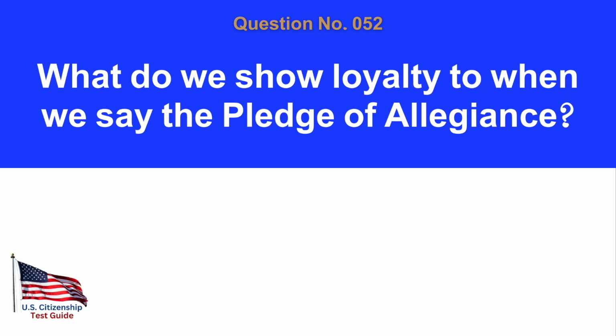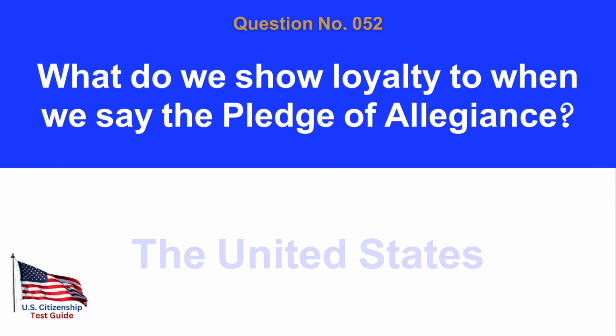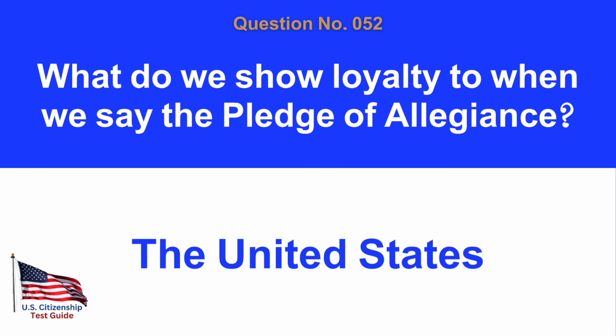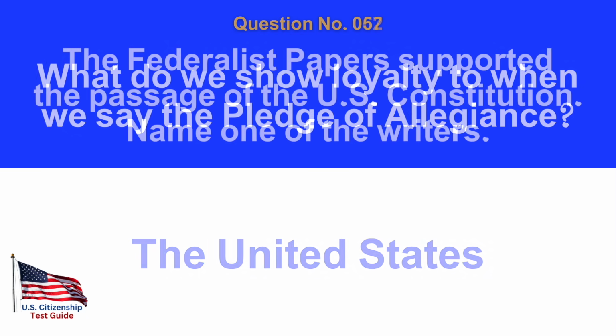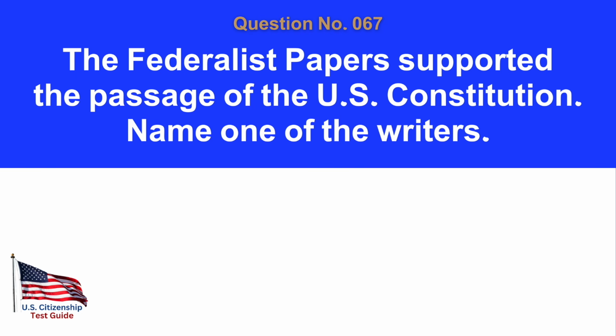What do we show loyalty to when we say the Pledge of Allegiance? The United States. The Federalist Papers supported the passage of the U.S. Constitution. Name one of the writers.